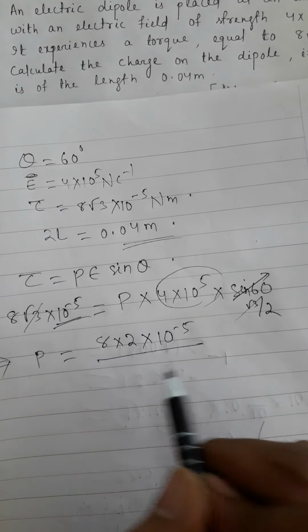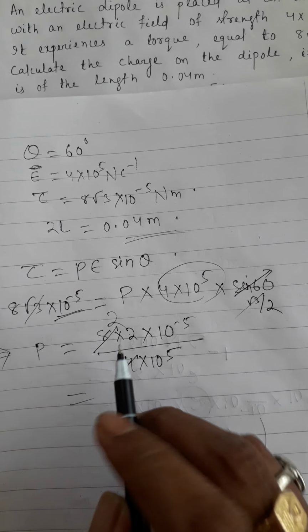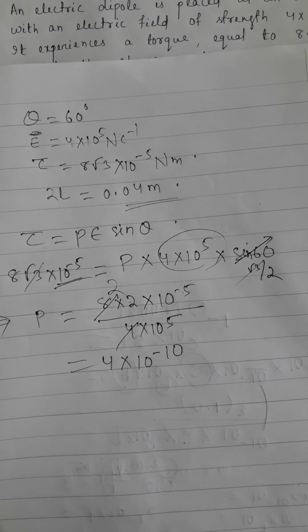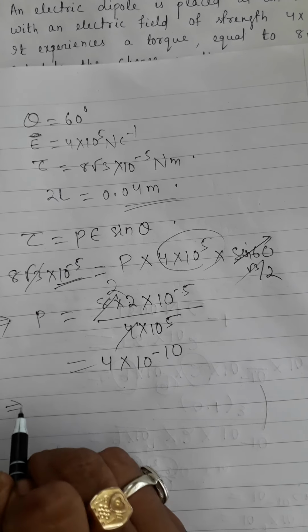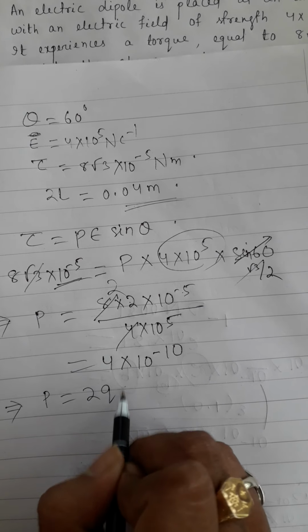So it will be 2 and 2 into 2, that is 4. 4 into 10 to the power minus 5 minus 5, that is minus 10. So dipole moment P is equal to 4 into 10 to the power minus 10, and P is equal to, we know, 2QL.